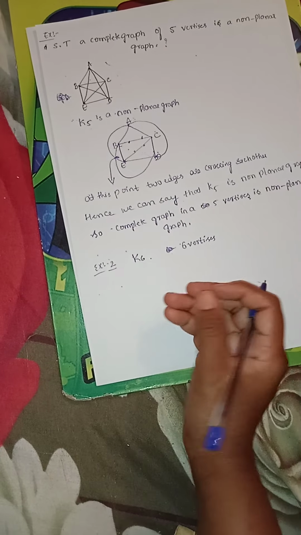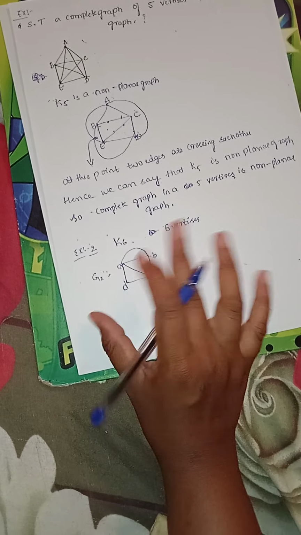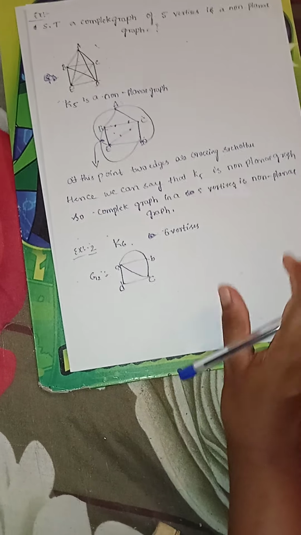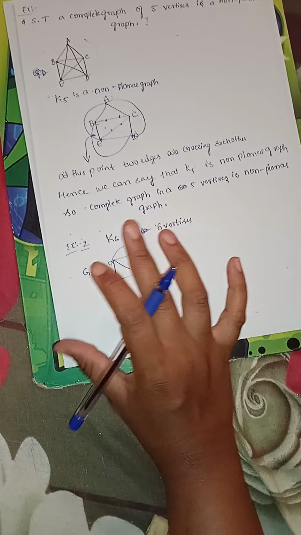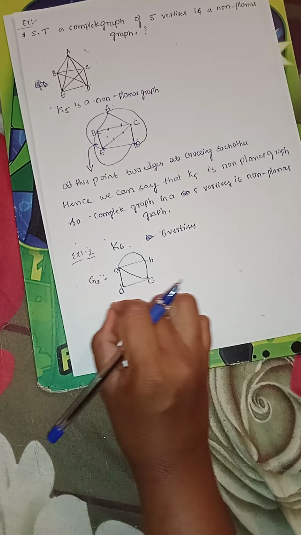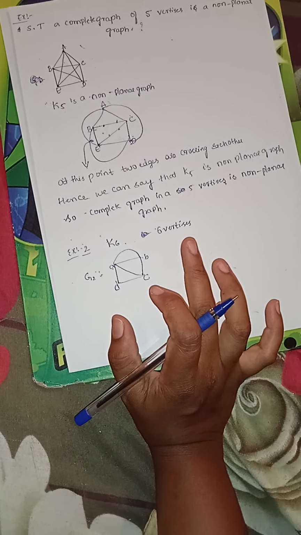Which of these graphs are planar graphs? This graph G2 is a planar graph. We have already discussed what a planar graph is. In this graph there are no edges crossing each other, so this graph G2 is considered a planar graph.